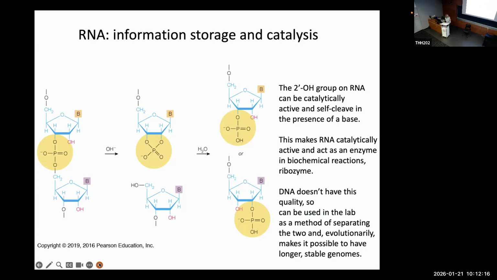So a little bit of base makes this quite reactive and you end up cleaving, or the RNA self-cleaves itself. So if anyone has ever worked with RNA in a lab, this process of self-cleaving can happen quite easily, not just by adding base. Anything that's going to deprotonate this can make it react. So you have to be very careful when working with RNA so it doesn't get degraded.